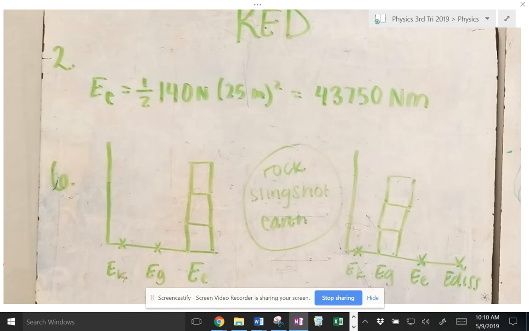A question for you here, why is there no friction in B?